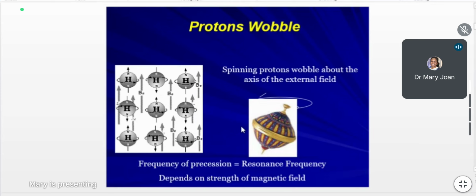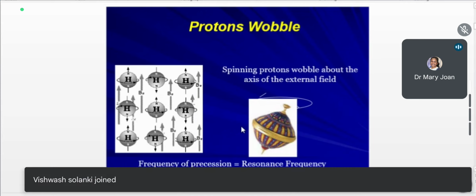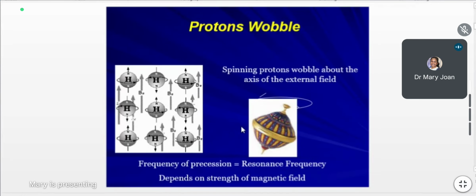Spinning protons wobble about the axis of the external field. The frequency of precession is the resonance frequency, and it depends on the strength of the magnetic field.